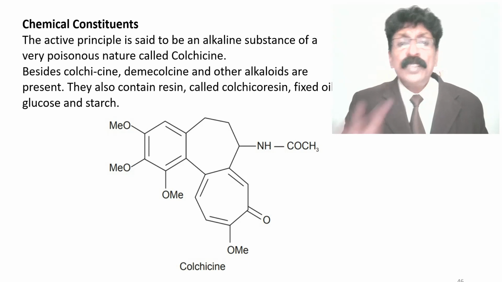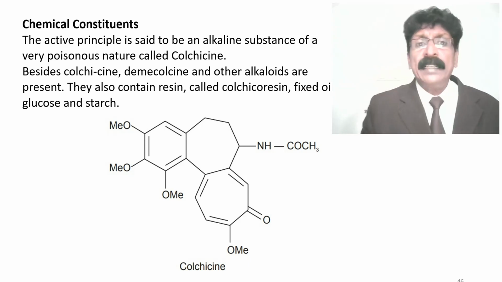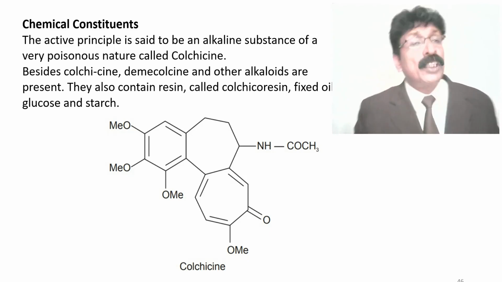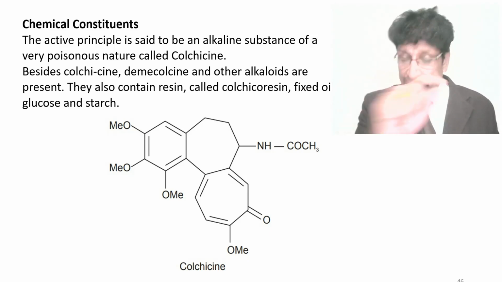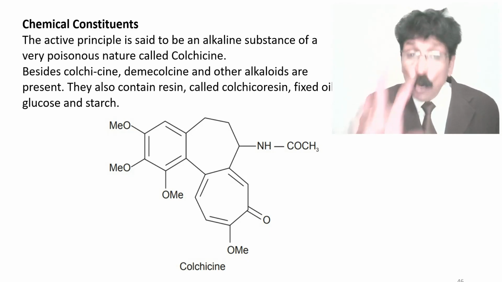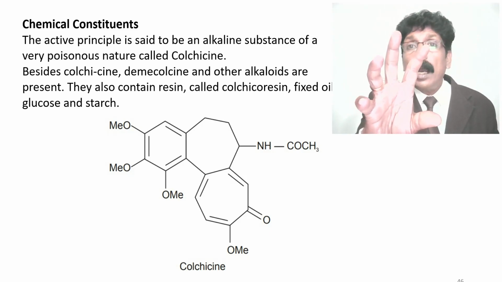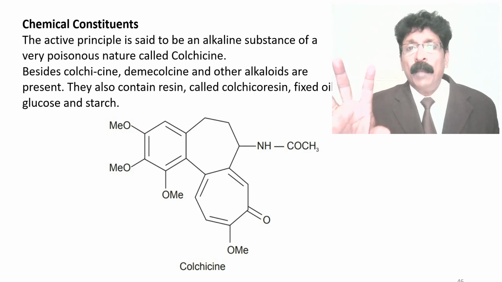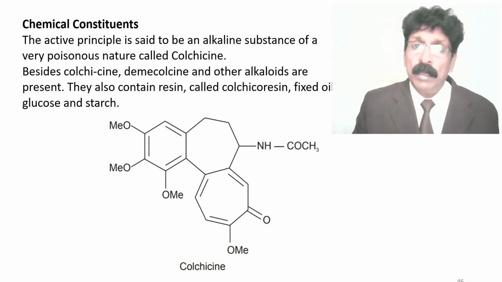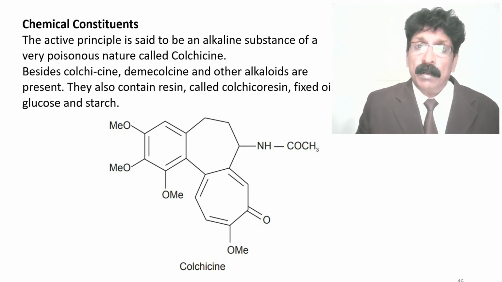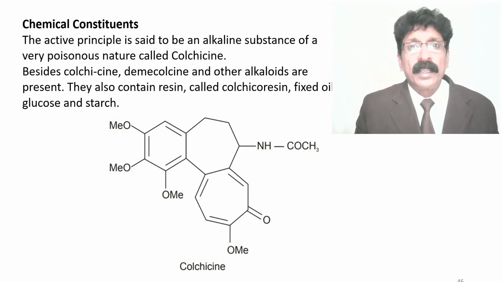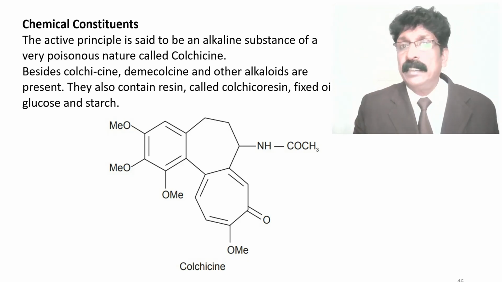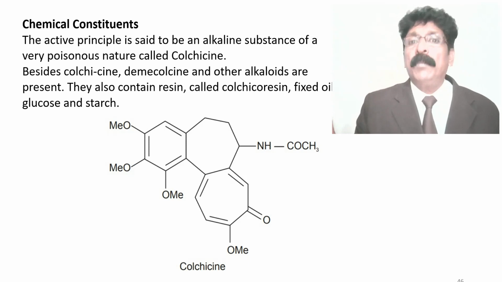You see the structure of colchicine. You can write very clearly a 6-membered ring with 3 methoxy groups, OCH3, and 2 7-membered ring structures. As we have seen in medicinal chemistry when you study benzodiazepines, here also we can see a 7-membered ring structure with nitrogen, and nitrogen is in an amide form, methyl amide.